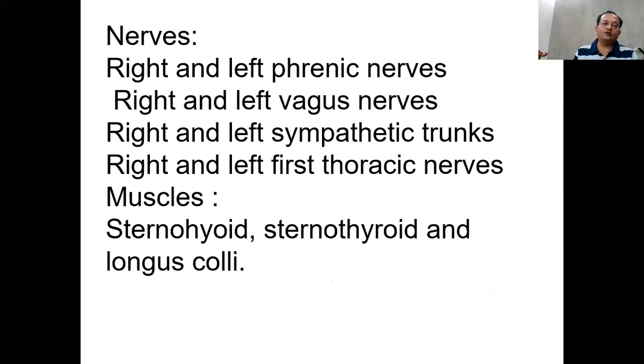Nerves passing through the thoracic inlet: right and left phrenic nerves, right and left vagus nerves, right and left sympathetic trunks, right and left first thoracic nerves, and muscles sternohyoid, sternothyroid, and longus colli.